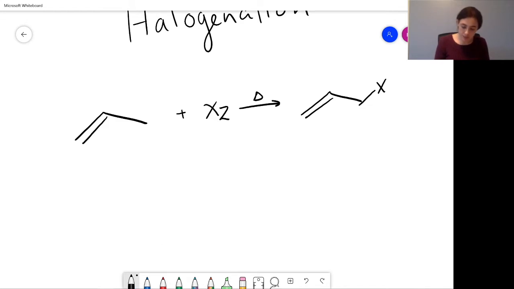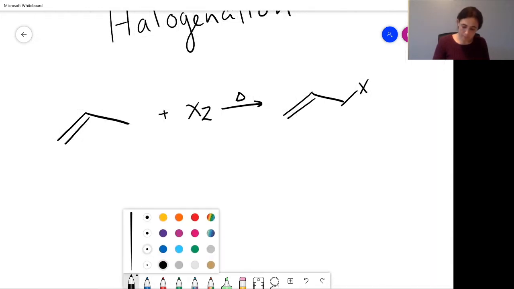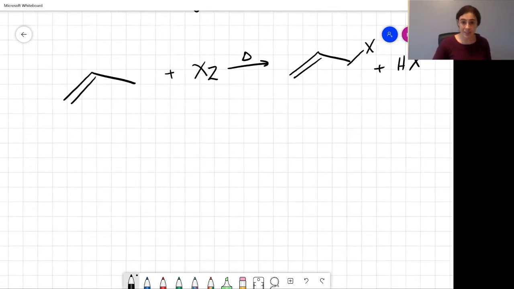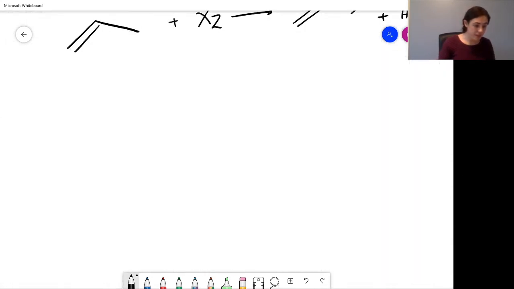Right? It's the allylic position. So let's walk through this process and explain why this happens at the site that it does, or why it has the regioselectivity that it does.